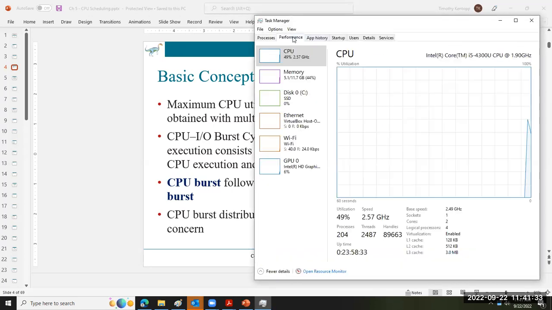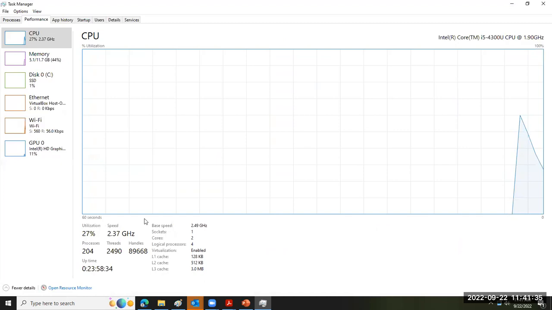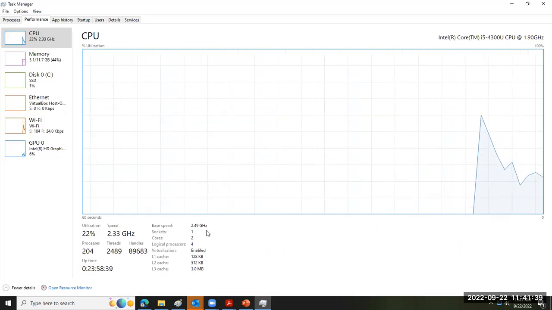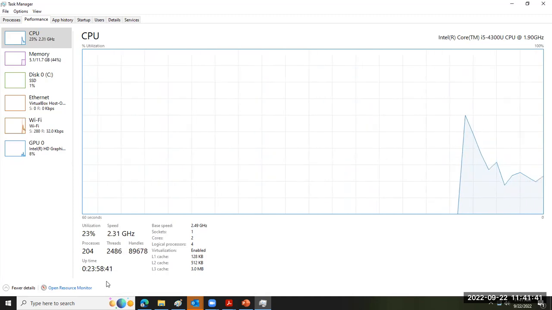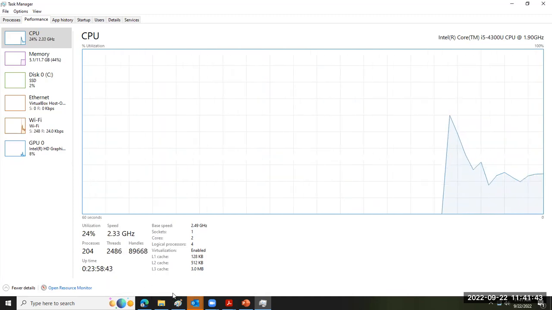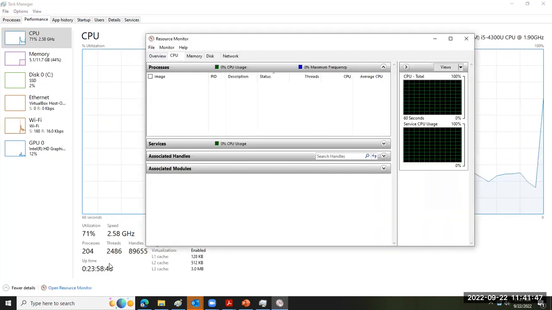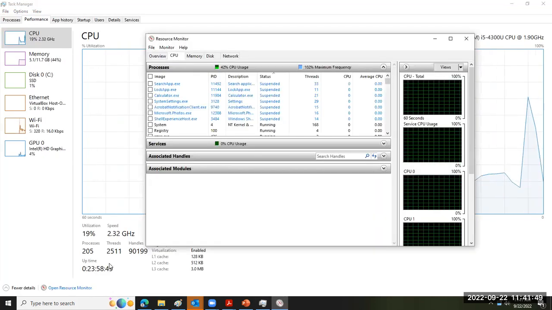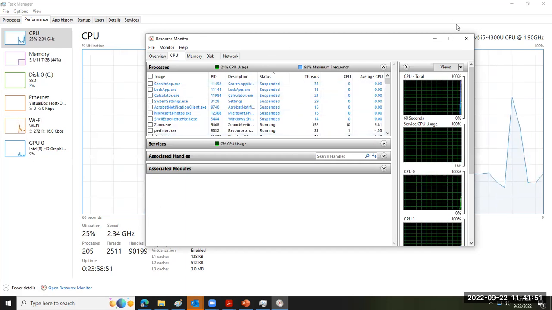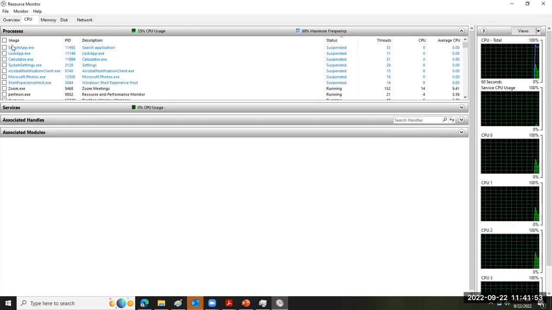You start in Task Manager, but it's also helpful to open up the Resource Monitor and then hit the CPU tab.